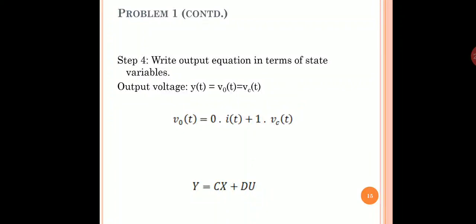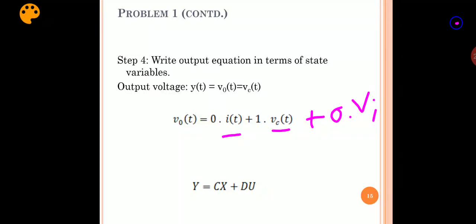I should write it in terms of state variables and the inputs. Here I need to write the equation in terms of state variables, that is I of t and Vc of t. I can also write it as 0 into Vi of t as well. So my equation should be in terms of state variables plus the input variables.